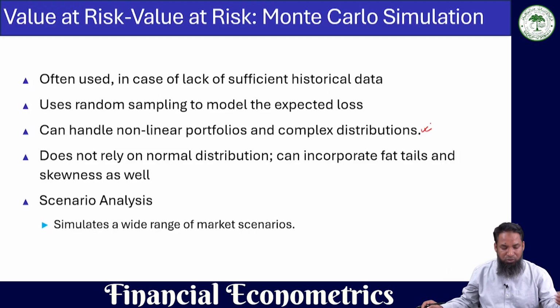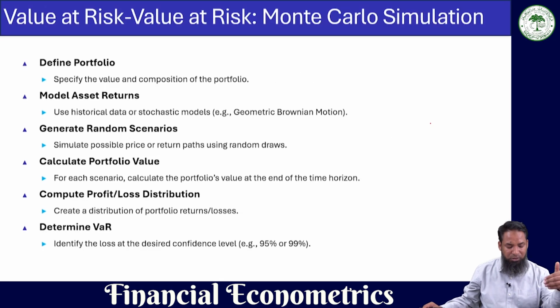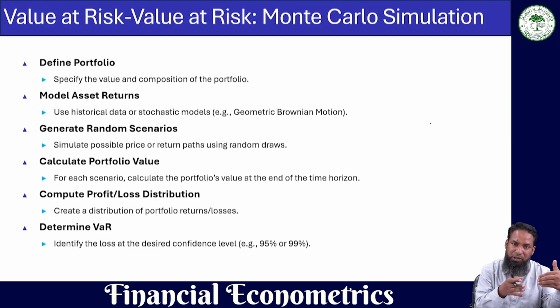So what basically do we do here? We can list out the steps like this. First, we define the portfolio, we specify the value and the composition of the portfolio. Second, we model the asset returns because we do not have them. Here we can either use the historical data if we have it, or we can use some stochastic model to generate the asset returns.